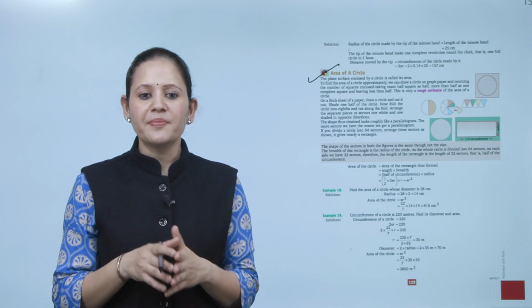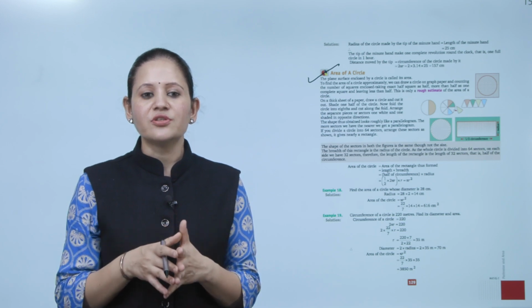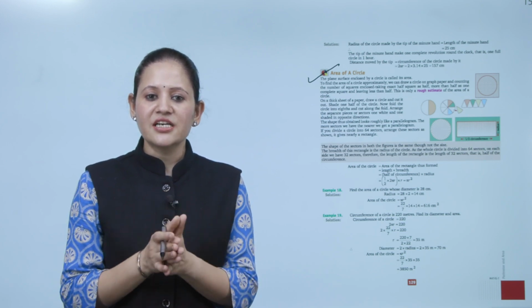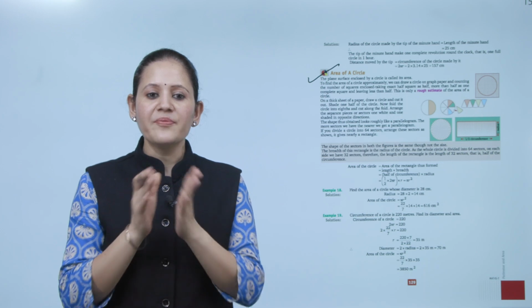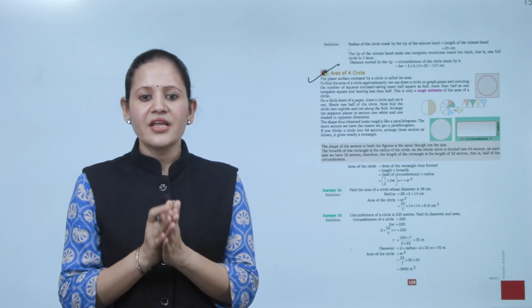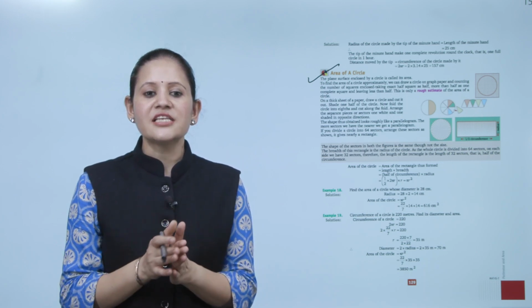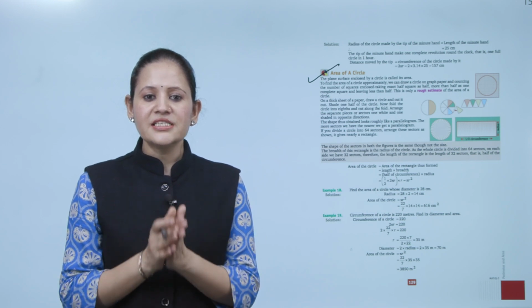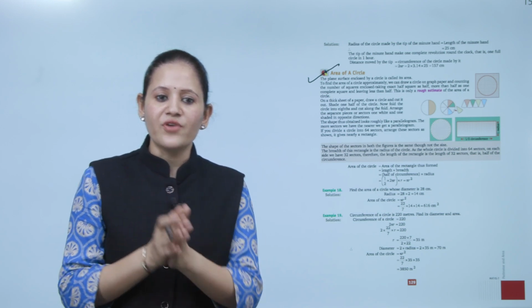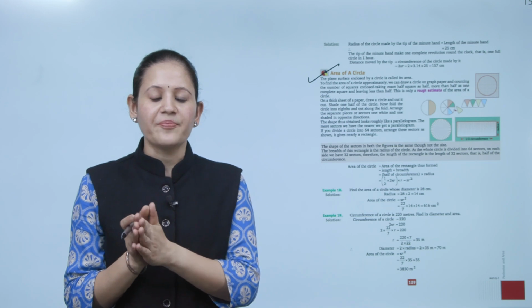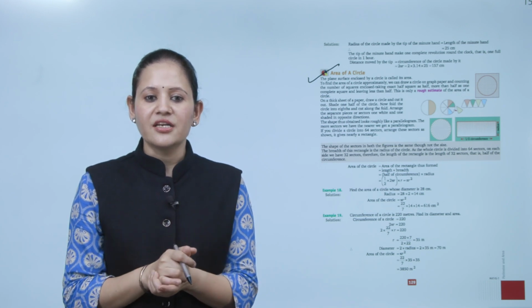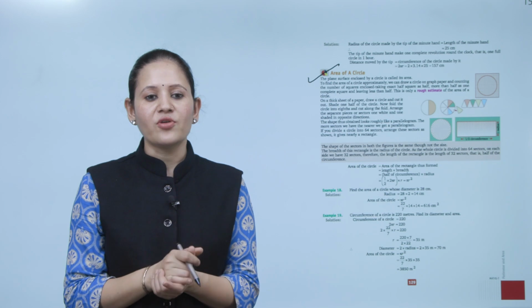On a thick sheet of paper, draw a circle and cut it out. Shade one half of the circle. Now fold the circle into eighths and cut along the folds. Arrange the separate pieces of the sectors, one white and one shaded, in opposite directions. The shape thus obtained looks roughly like a parallelogram.